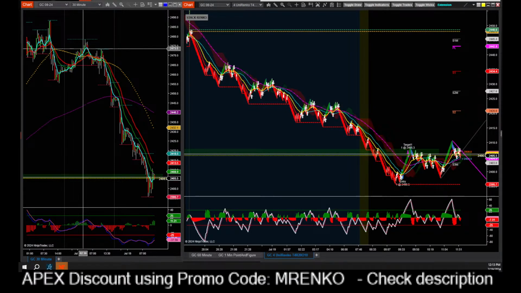I made an attempt here to go to a high right here, probably focusing on that pivot high over there to see if the market was going to continue moving to the upside, but it actually failed.